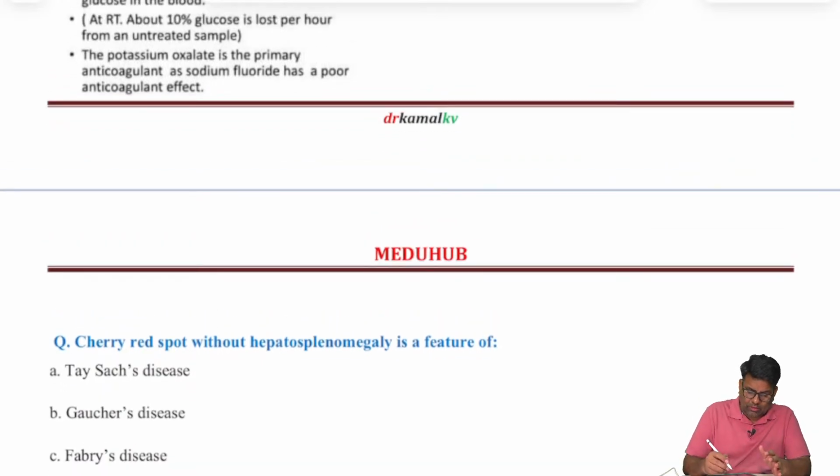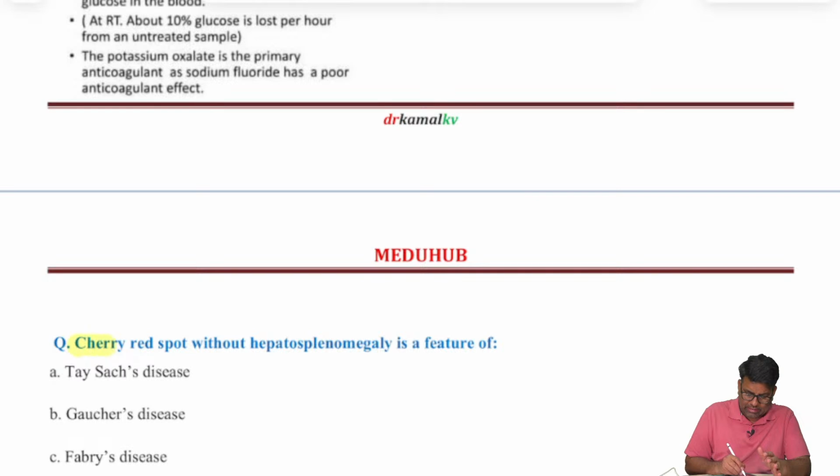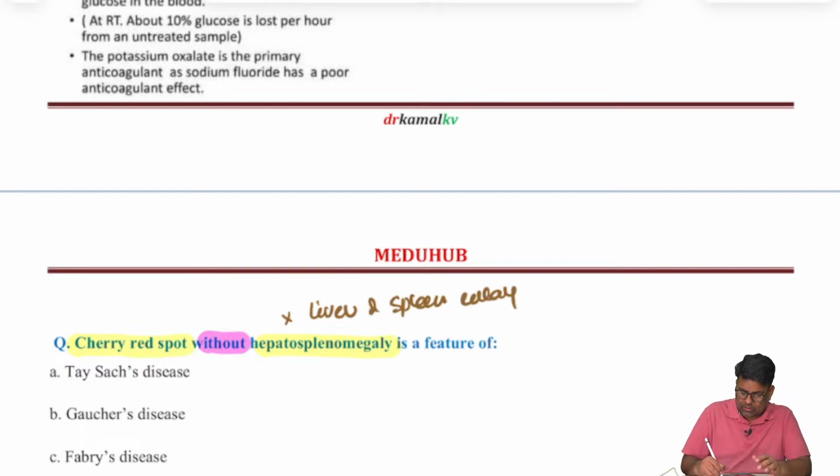Now there was another question, and this was about cherry red spot. Here it has been given that there is no hepatomegaly or hepatosplenomegaly, so it means there is no liver enlargement. We are getting only a cherry red spot in the fundus, in the macula.